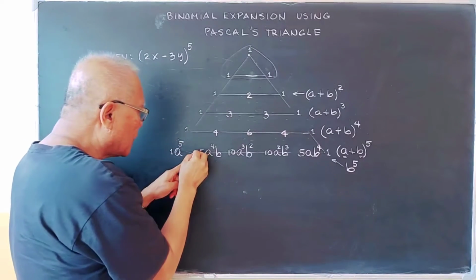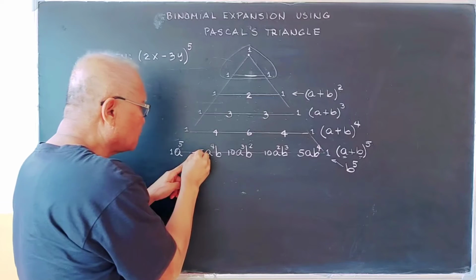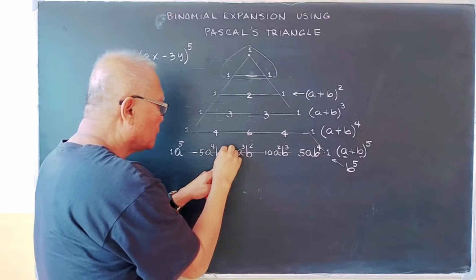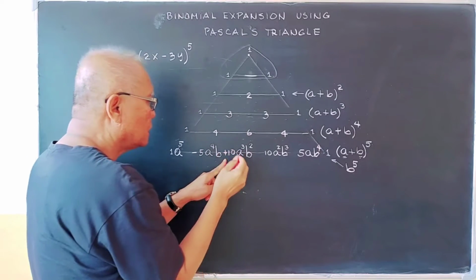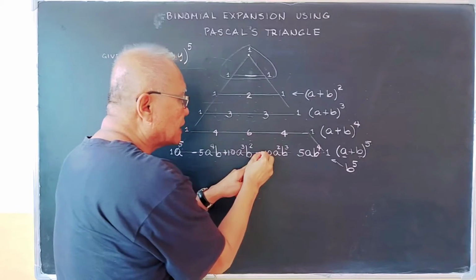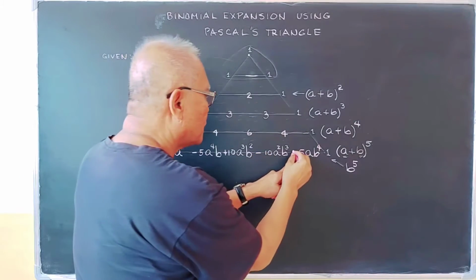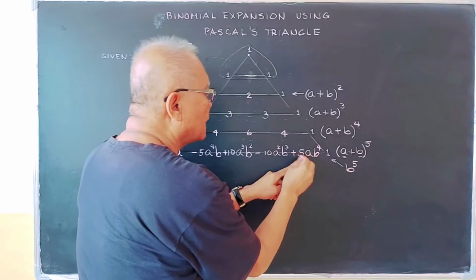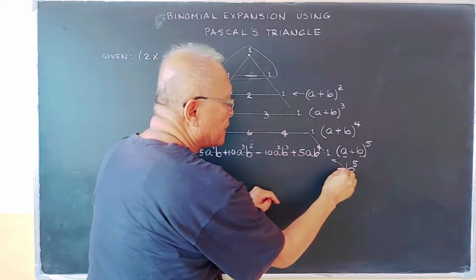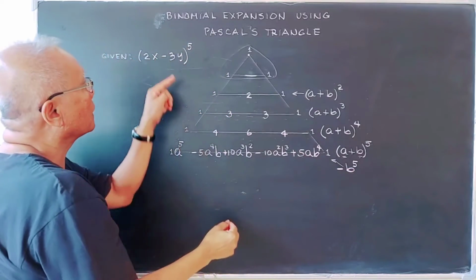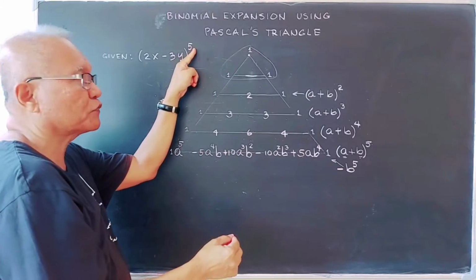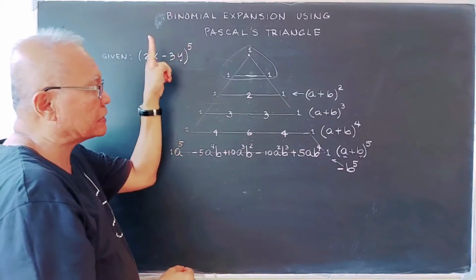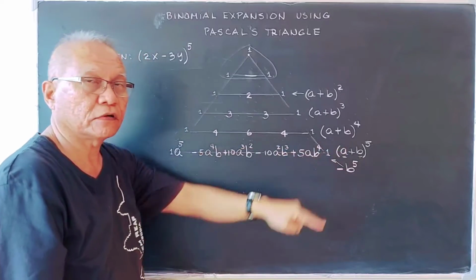The second one will be negative. The third one will be positive here. This one will be negative. This one will be positive. And the last term will be negative. Why? Because we have negative to the fifth power. An odd power is negative.